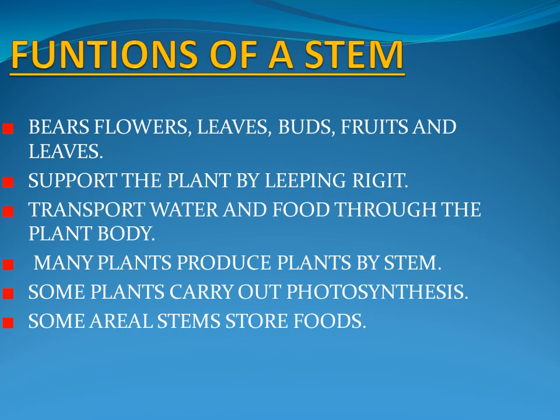And the last one is, some aerial stems store food. For example, ginger, potato, collages, figs, and onion are some examples. Sorry, I made a mistake. Some aerial stems which store food are sugarcane and kitul.